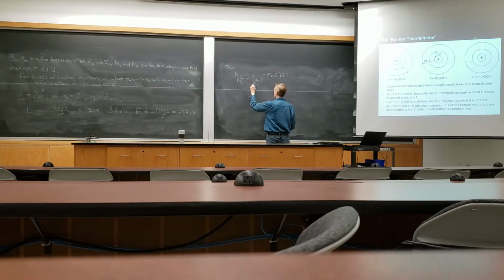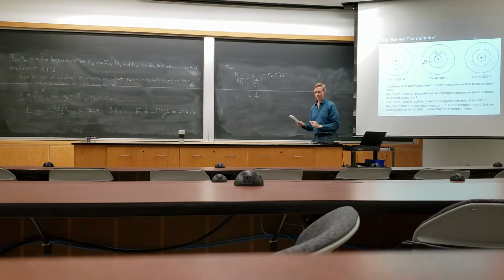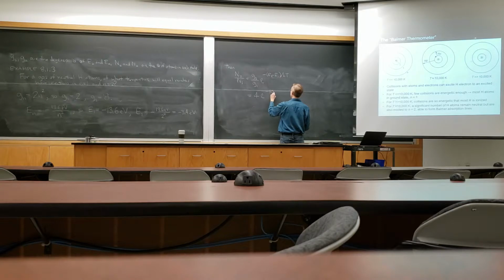And we know what G1 and G2 are, so that ratio is 8 over 2, which is 4. And we know that E2 minus E1 is 10.2 electron volts, so e to the minus 10.2 electron volts over kT.